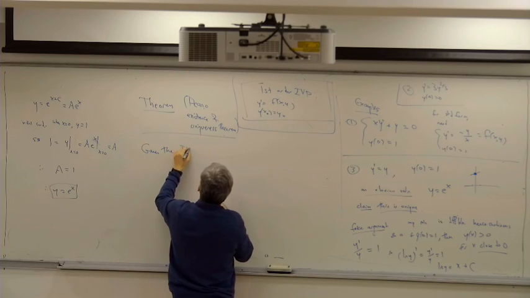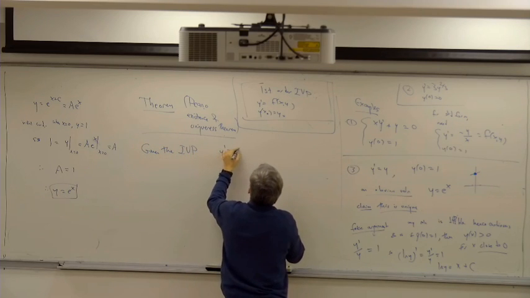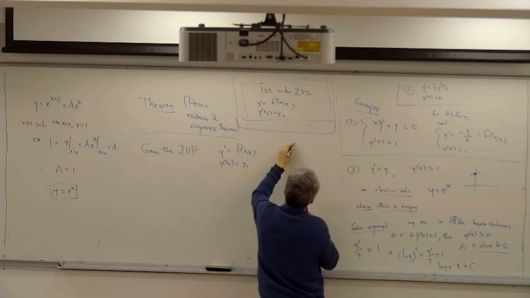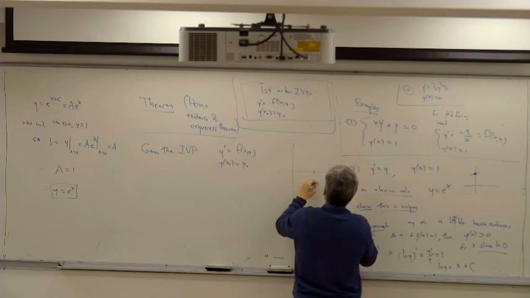Given the IVP, y prime equals f of x, y, and y of x0 equals y0. This time I will draw x0 and y0 as being non-zero numbers.